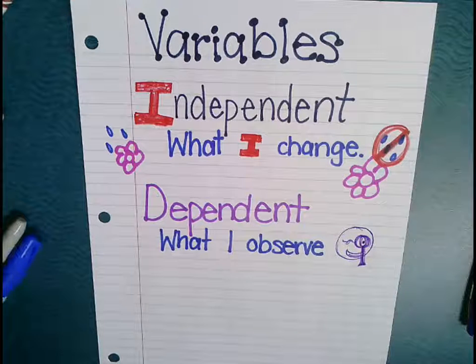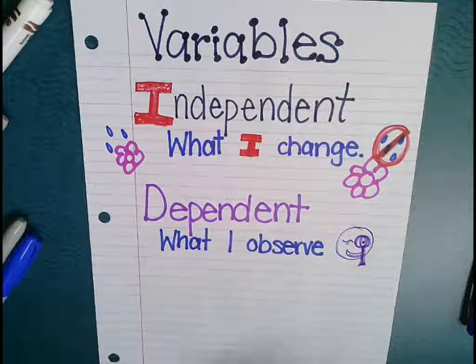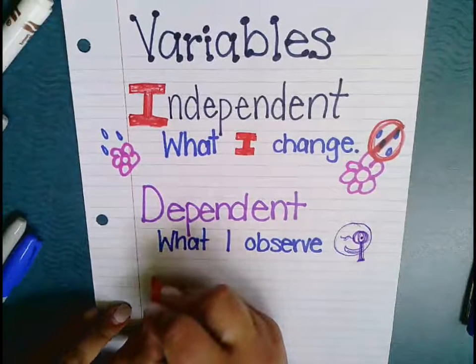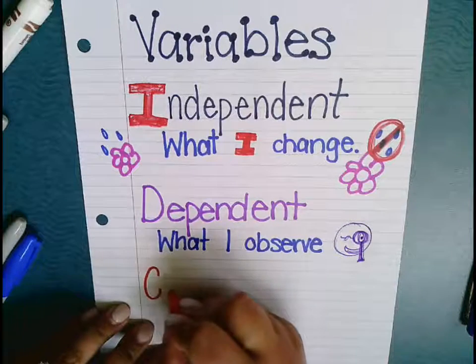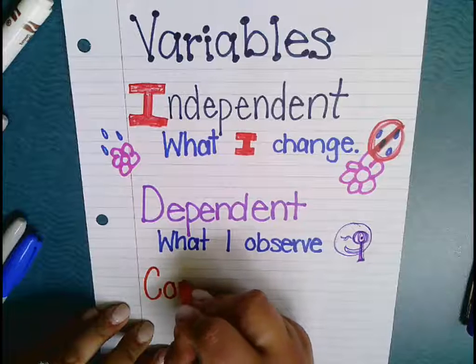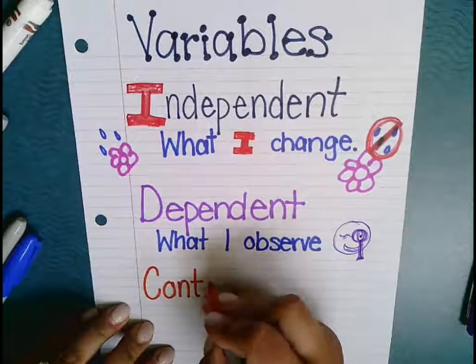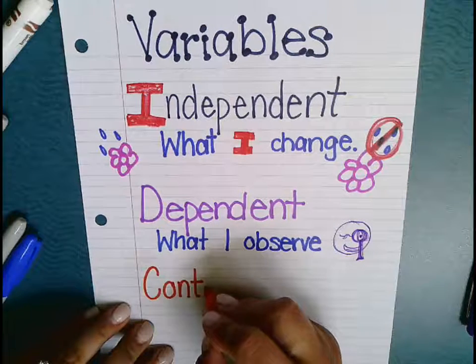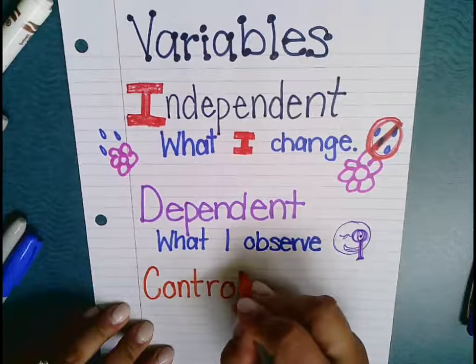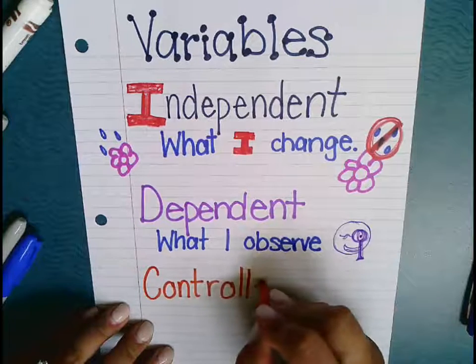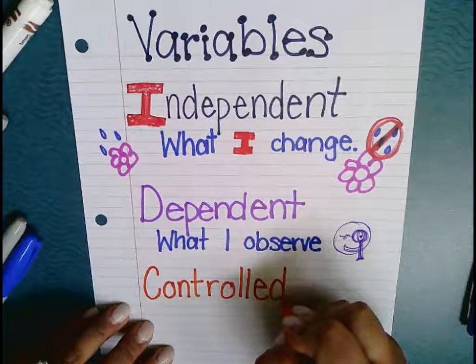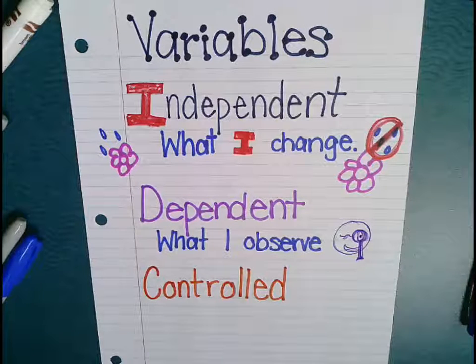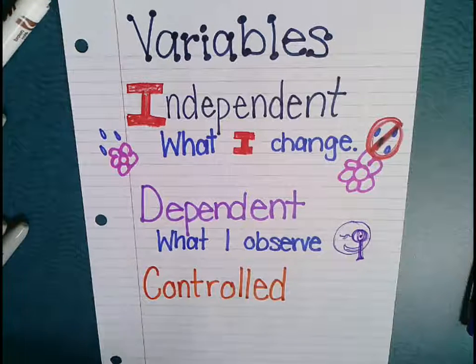And the last type of variable that we're going to learn about today is the controlled variable. And controlled variable is what I keep the same.